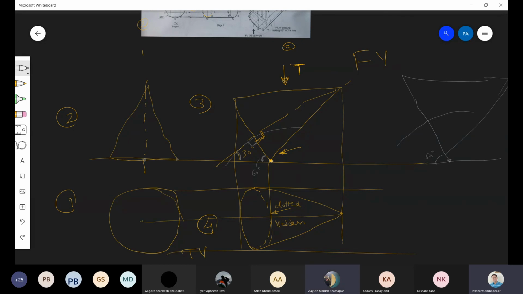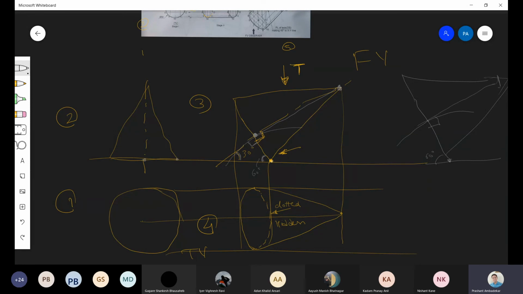Sir, I'm sorry to interrupt, sir. You cut an arc, so you got that midpoint, right? Then how did you get that endpoint, sir? The other endpoint? From this point, this distance is taken in the compass. You draw a vertical line which is perpendicular to this and cut an arc.